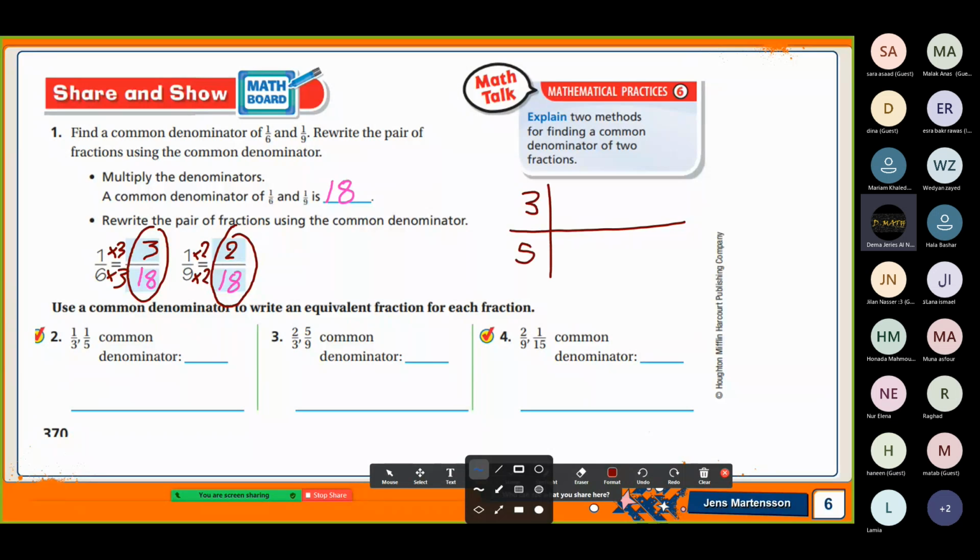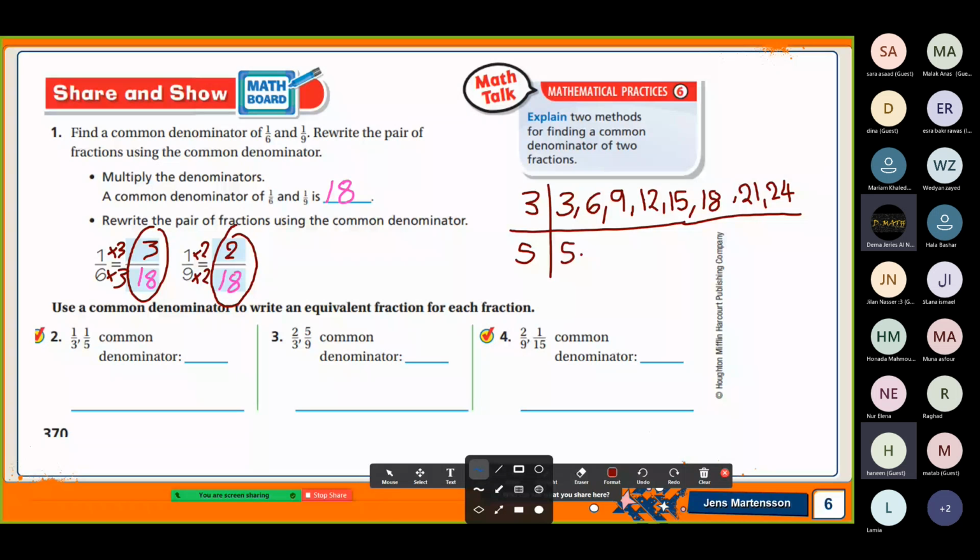What are the multiples of 3? 3 multiplied by 1, 3. 3 multiplied by 2, 6. 3 multiplied by 3, 9. 3 multiplied by 4, 12. 3 multiplied by 5, 15. By 6, 18. By 7, 21. By 8, 24.